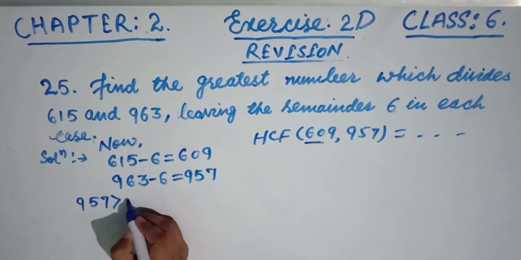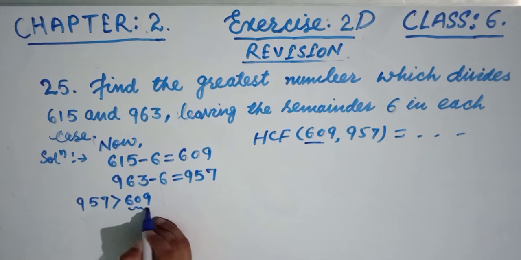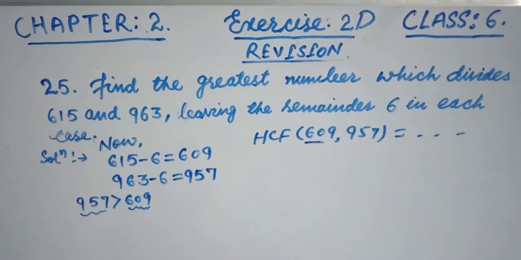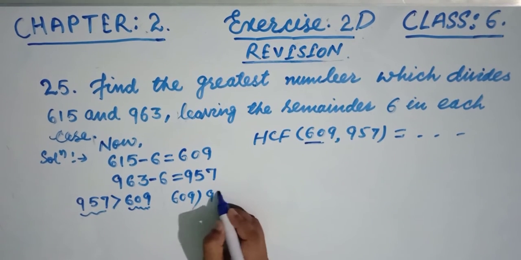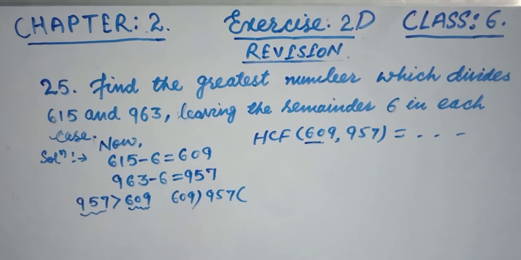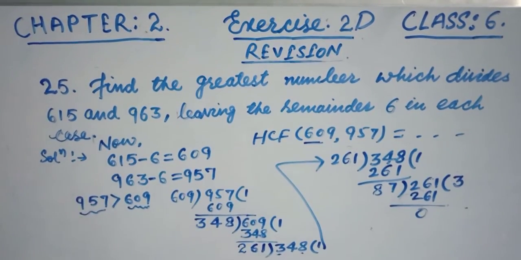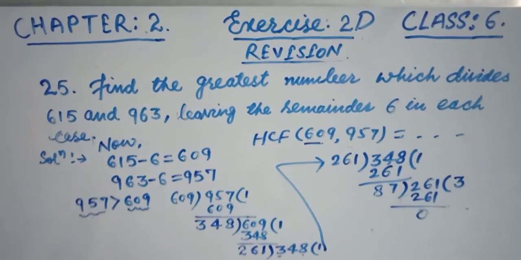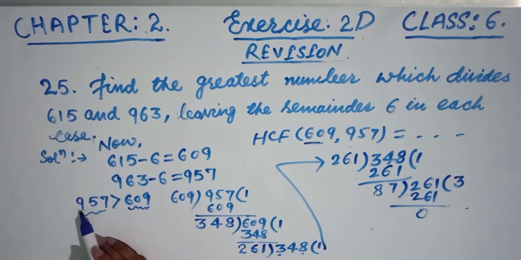Now we will find the HCF with the help of the division method. Here 957 is greater than 609, so 609 is the divisor and 957 is the dividend.